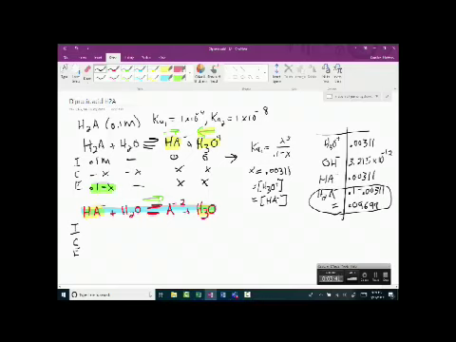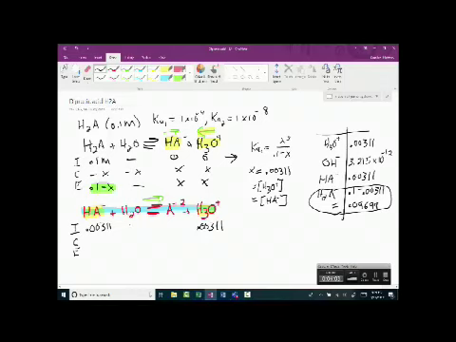There. H2A is both of those. And so the last thing I have left to do is to solve for A minus 2. And so I have HA minus is 0.00311, and H3O plus, I've got my plus sign in there, is 0.00311.